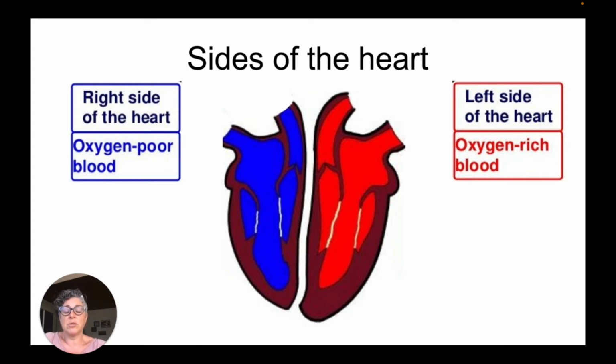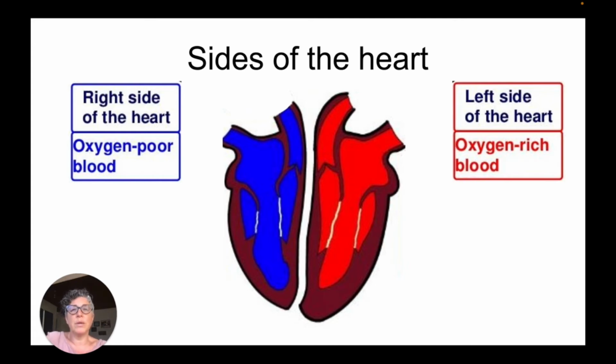Okay, and that is oxygen-poor blood or deoxygenated blood. So the right side of the heart is on the left side of the page, and the left side of the heart is on the right side of the page, and this is where we find the oxygen-rich blood. This is very important to remember when you're doing labeling, and we're going to see that in a minute.